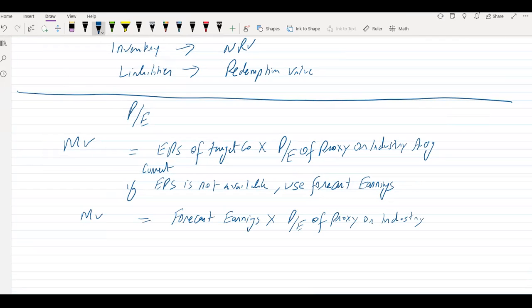If the target company is a private company, then adjust the answer downward. How much downward depends on the question; otherwise the answer should be lower. And if the target company has higher growth prospects, then adjust the answer upward.